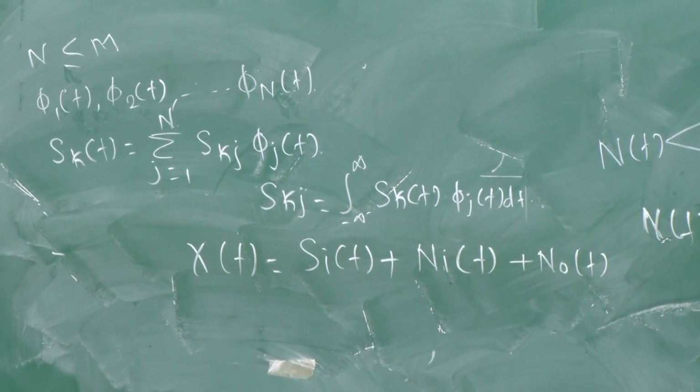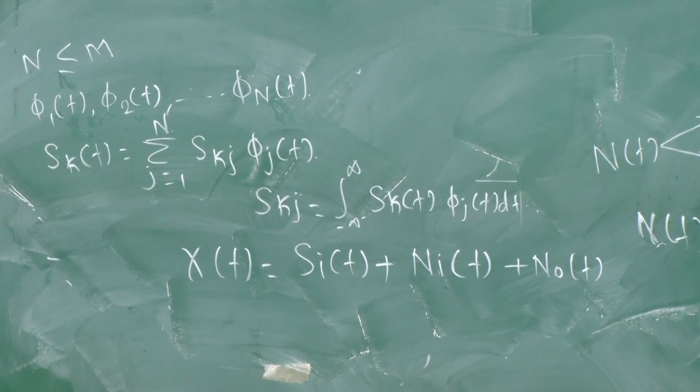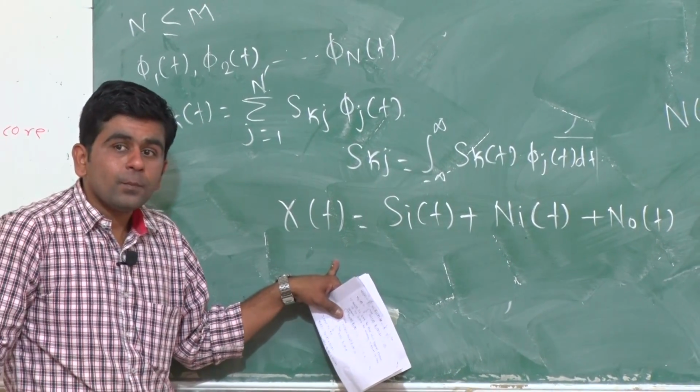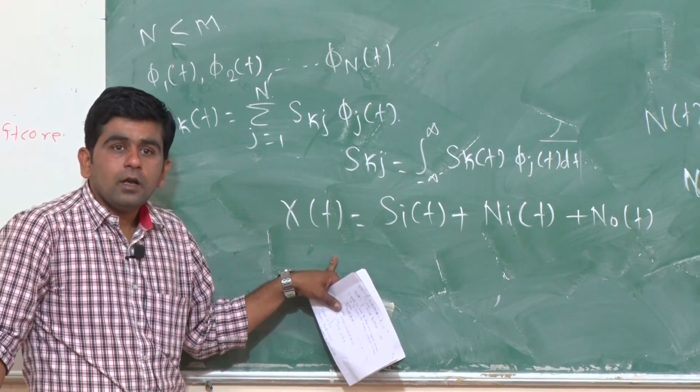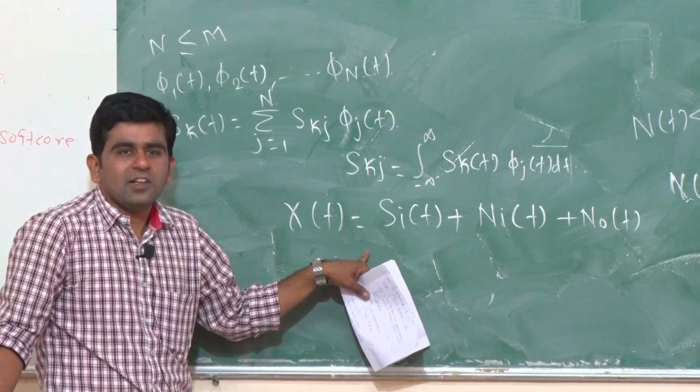So our job is to design such a receiver, an optimum receiver, which will give us the minimum noise by using vector space analysis. In vector space analysis, we can represent the signal by using its basis function. So our job is to represent this x of t in signal space analysis by using its basis function.